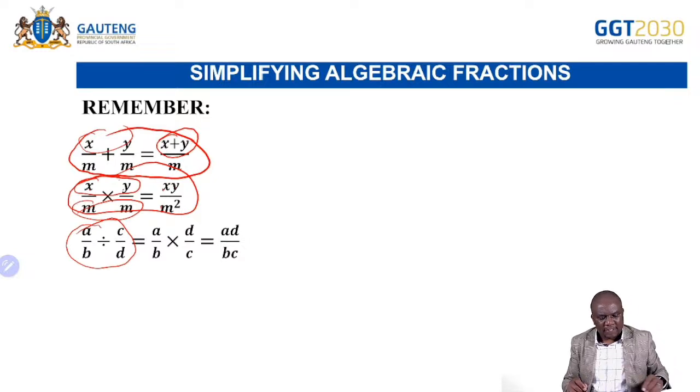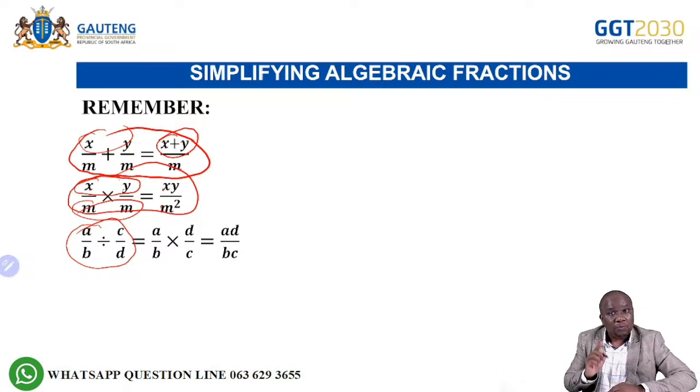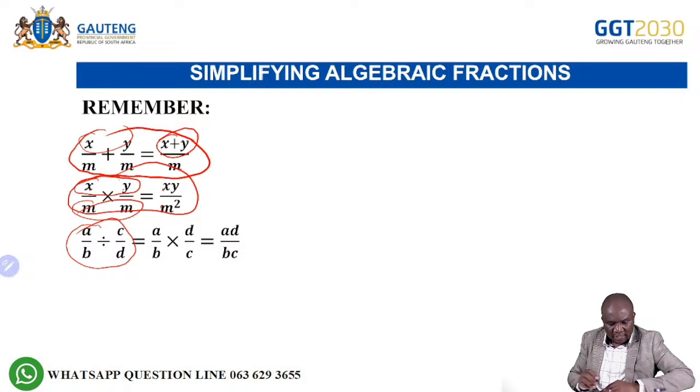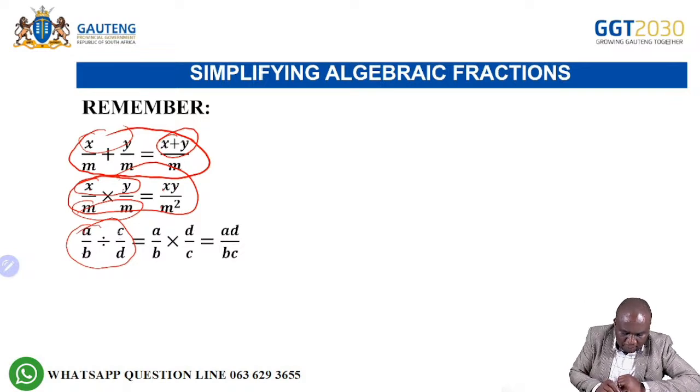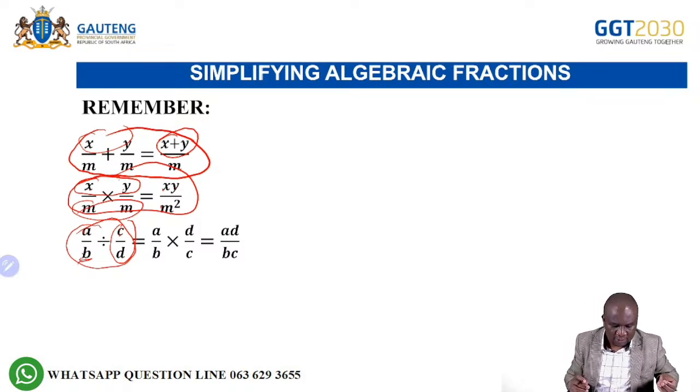Division: we say we tip and times. But which one do you invert? The one which is divided by. If I'm dividing a over b by c over d, it means we are inverting this one. Don't invert a over b. You're inverting the divisor. Remember, there's the dividend, the divisor, and the quotient. The answer is the quotient.